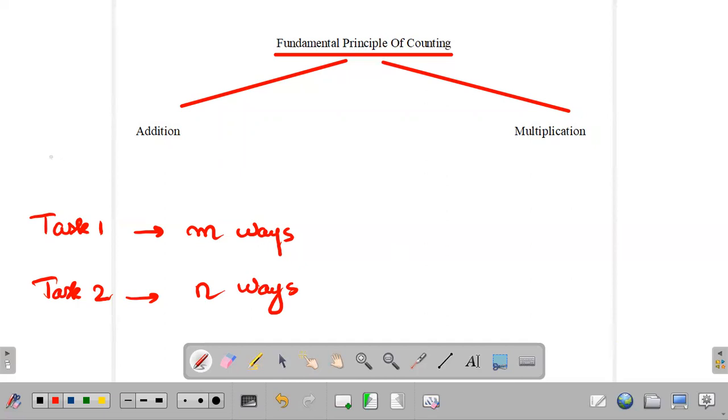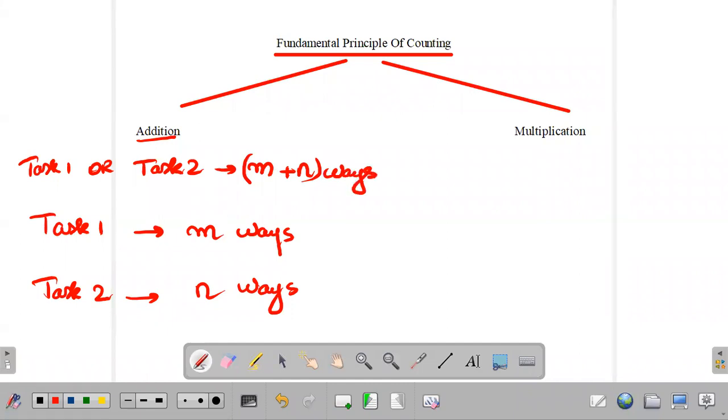Then, as per the fundamental principle of counting, addition, I will say task 1 or task 2 can be completed in m plus n ways. Task 1 or task 2, I am using the word or. So task 1 or task 2 can be completed in m plus n ways.